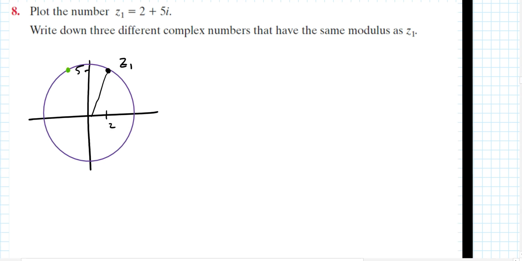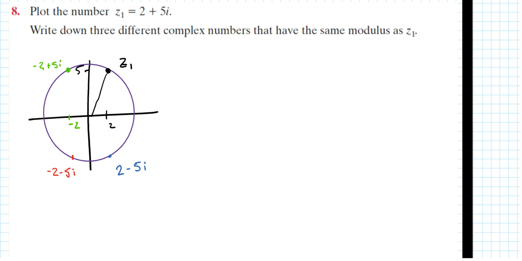So this point right here would be minus 2 plus 5i. What about this point down here? Minus 2 minus 5i. About this one here? That'd be 2 minus 5i.